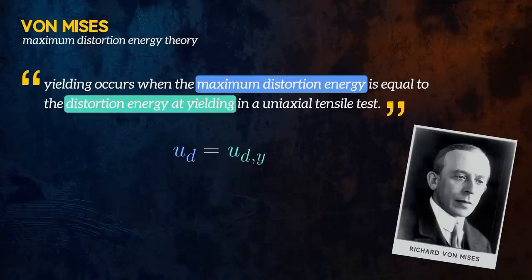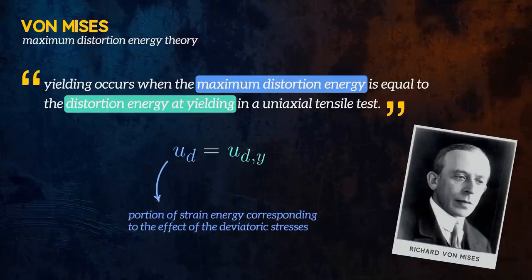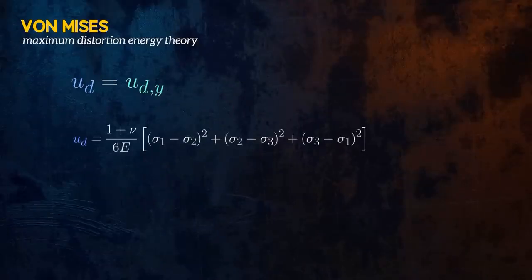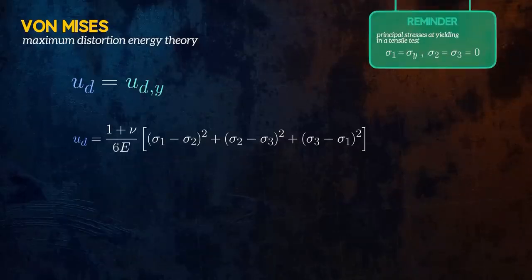So what is the distortion energy? It is essentially the portion of strain energy in a stressed element corresponding to the effect of the deviatoric stresses. The distortion energy per unit volume can be calculated from the principal stresses using this equation. We know that at yielding during a tensile test, the maximum principal stress is equal to the yield strength of the material, and the two other principal stresses are equal to 0.